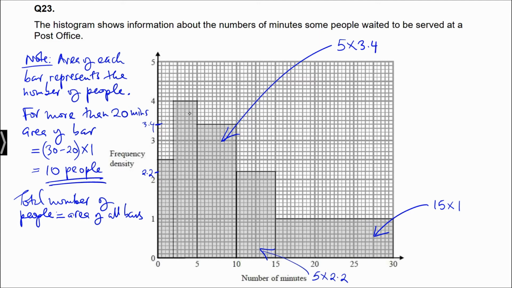The area of this bar here, now from here to here, that's 3. And the height of this bar is 4. So that will be 3 multiplied by 4.